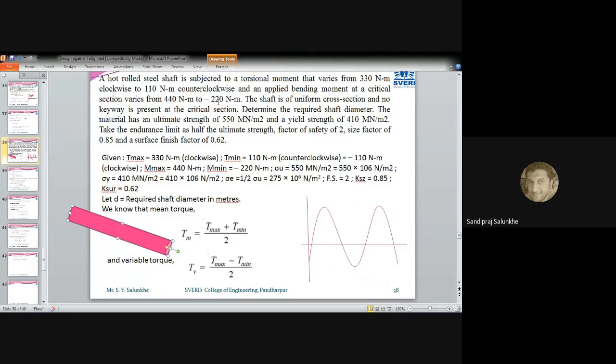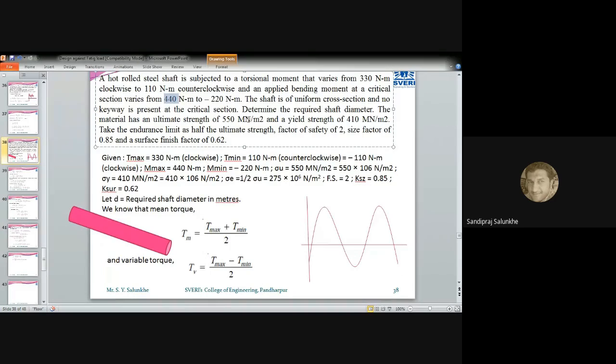And it is subjected to a bending moment of 440 Newton meter to minus 220 Newton meter. That means this bending moment is varying from plus to minus, again the same nature will be there. Now we cannot plot on the same graph, or we cannot say the same curve for the bending moment also. We have to draw separately if you want to draw. Otherwise, we just want to have these figures. No need to draw this graph.